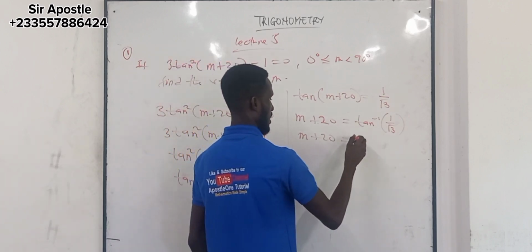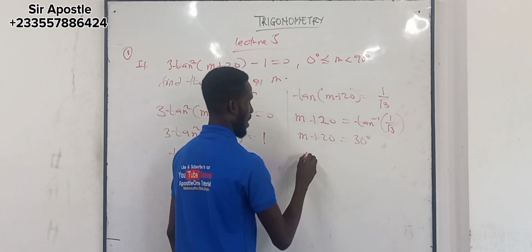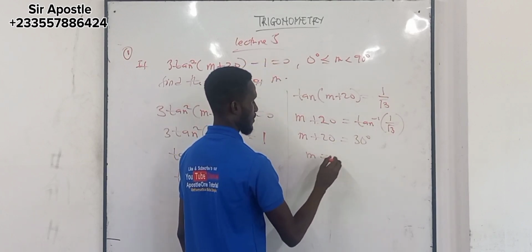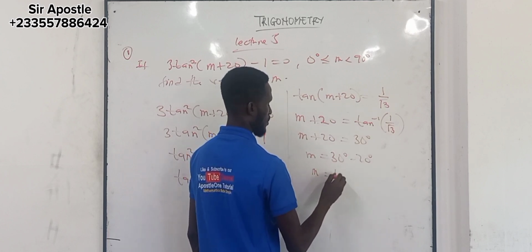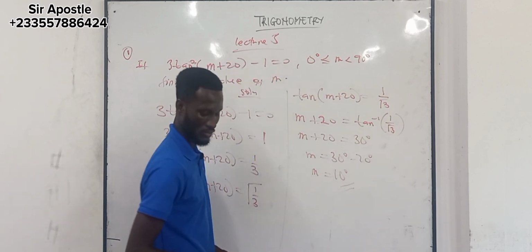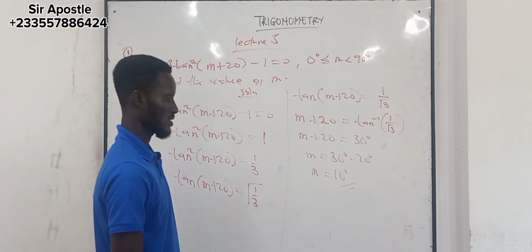So m will give us 30 degrees minus 20, m is equal to 10 degrees.